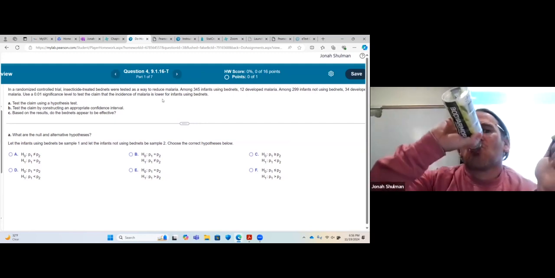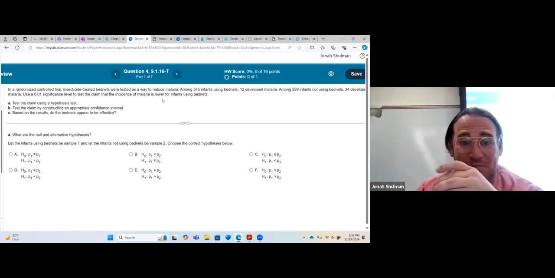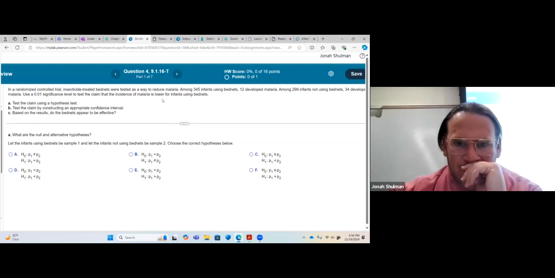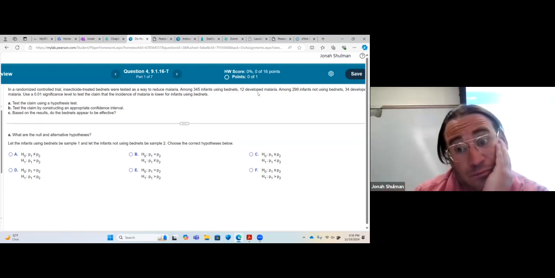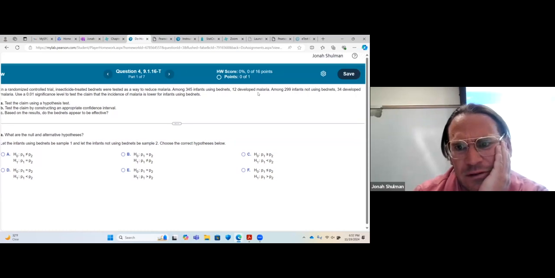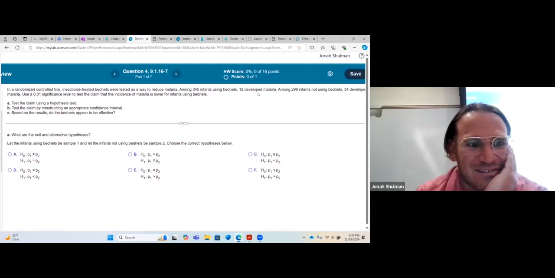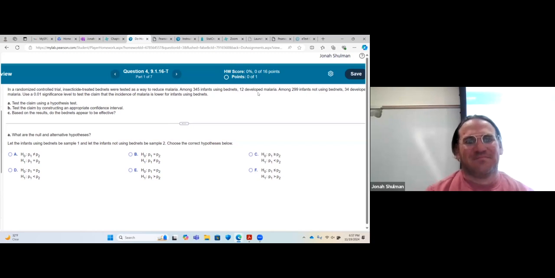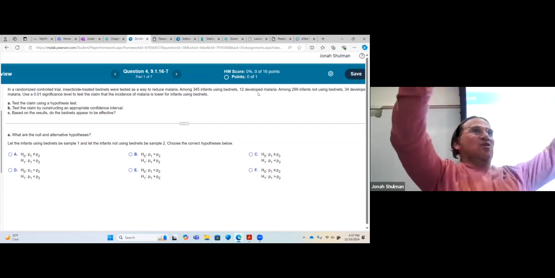Insecticide. Among 299 infants not using bed nets, at a 0.01 level of significance, is malaria lower for infants using bed nets? So you can imagine babies with these little nets over their cribs.